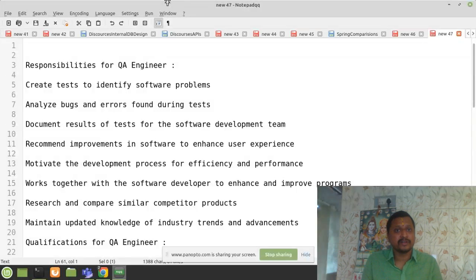After that, other functions will be integrated with one functionality. That domain knowledge or integrated functionality needs to be updated day by day. That responsibility also needs to be taken care of by the QA engineer.